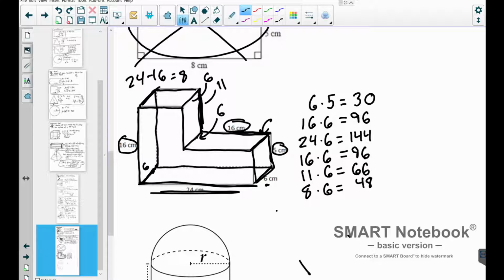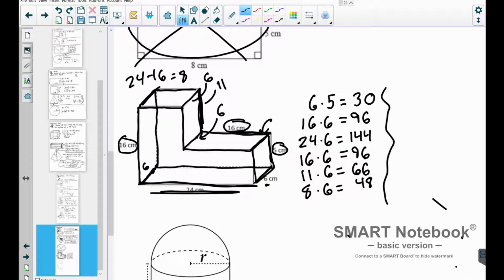You may think, well, that's a lot of work, and it most definitely is a lot of work, but we're not quite done. We have one more step left, and that would be to add all of these together so that we get some kind of final conclusion of our total surface area of this object.